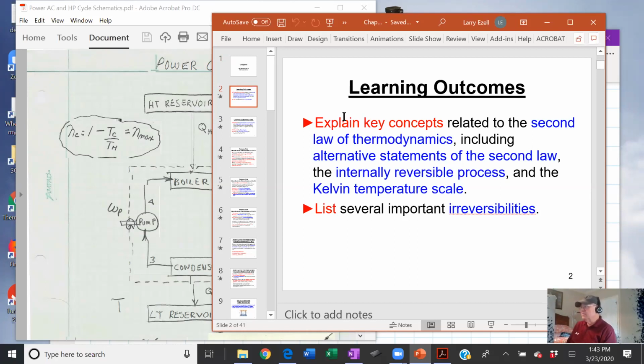Like say, what this means, explain key concept. There are several ways things are involved in the second law. There are several statements of the second law. We'll talk about internally reversible and irreversible processes. The Kelvin temperature scale. We've already mentioned that.